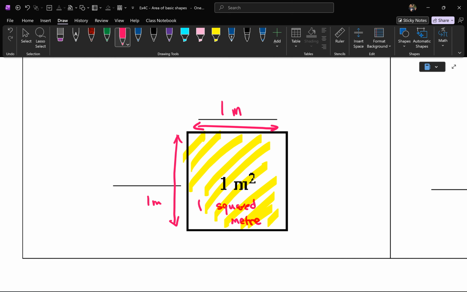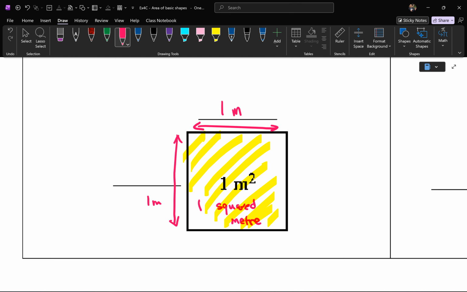If you need to visualize that, that's kind of like about a step length. So if you took 1 step across, that's about a meter, and you took another step forward, that's another meter. That space, that square, is what we mean by 1 square meter. So if you took 1 step forward and then 1 step to a side, that's the space of what 1 square meter would be.